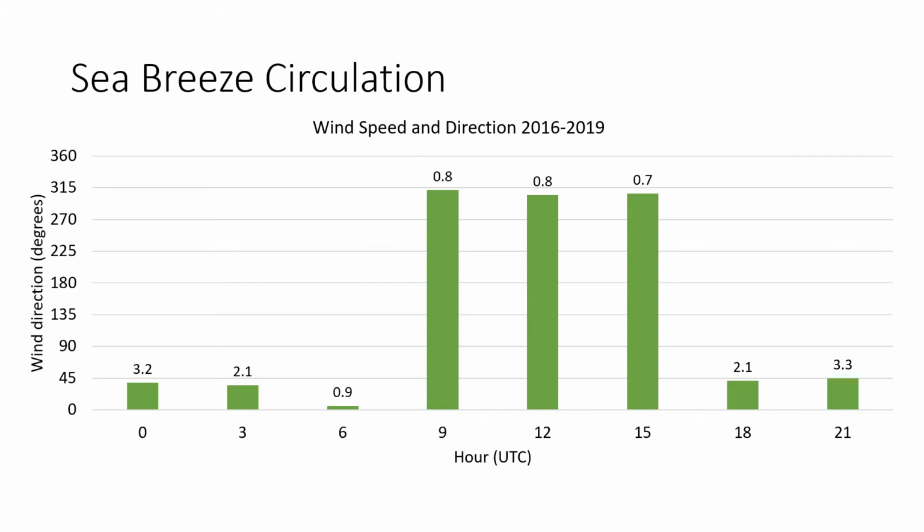a sea breeze circulation. Essentially, a sea breeze circulation is caused by the difference in heat capacity in land and water, with the heat capacity of land being much lower. This leads to a phenomenon where during the daytime hours, where you have heating from the sun, the land will warm up much quicker than the water, in this case the Gulf of Mexico.